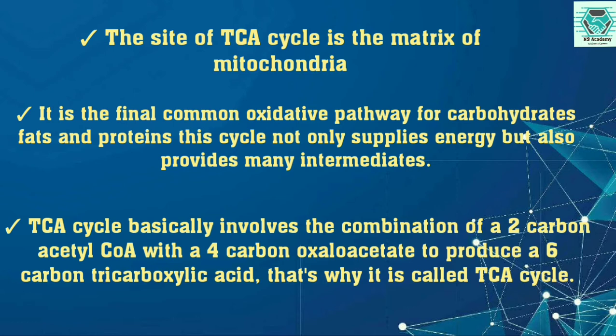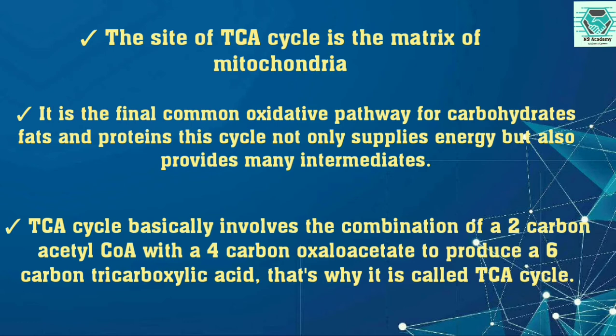As we know, mitochondria have their own DNA, ribosomes, and tRNA, so that they can produce their own enzymes required for the different metabolic pathways. So, in the matrix of mitochondria, the TCA cycle takes place.